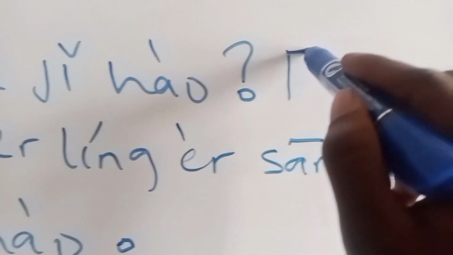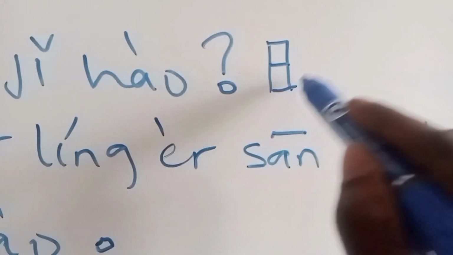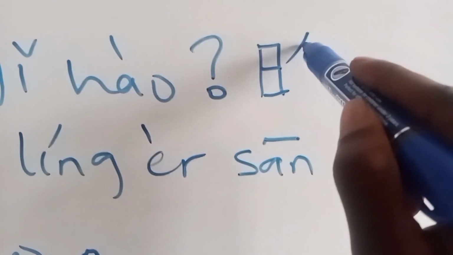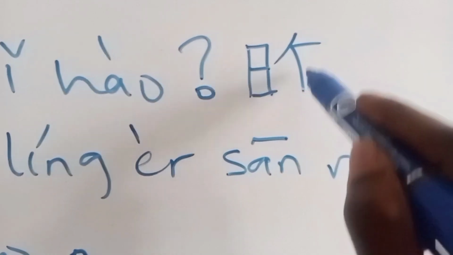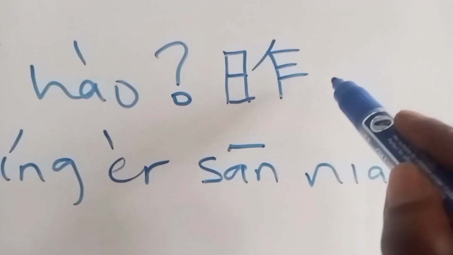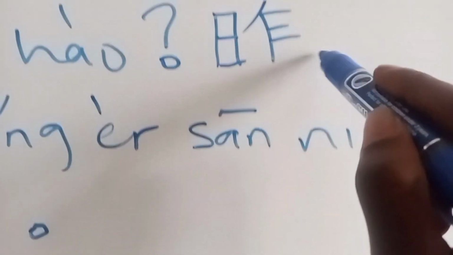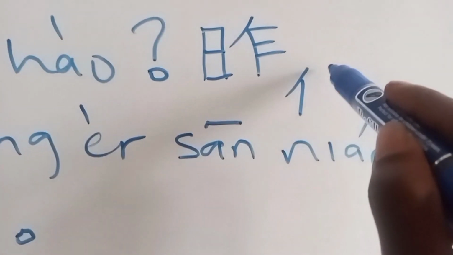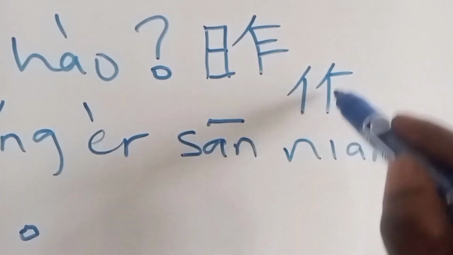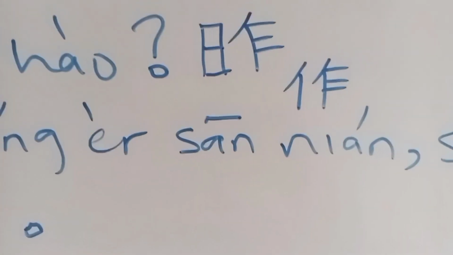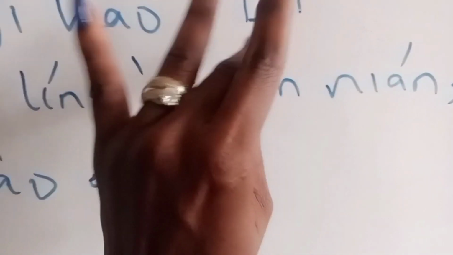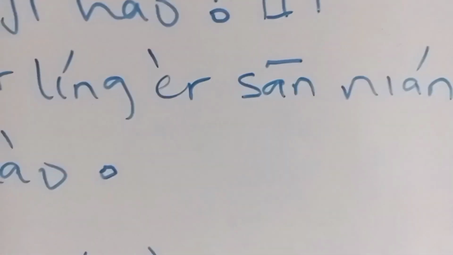昨天. 昨. You remember this one I'm writing now from 昨夜. But this is how you do 昨夜. You write this first before you do this. In this case, you do not write this. You do not write this one. You write this before you write this.